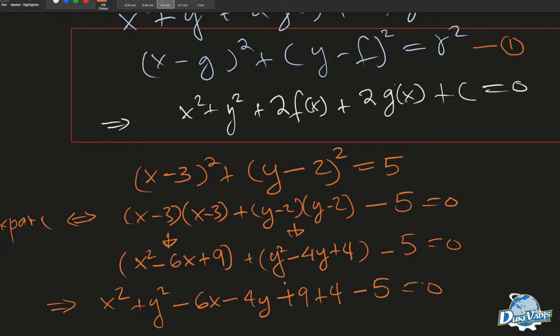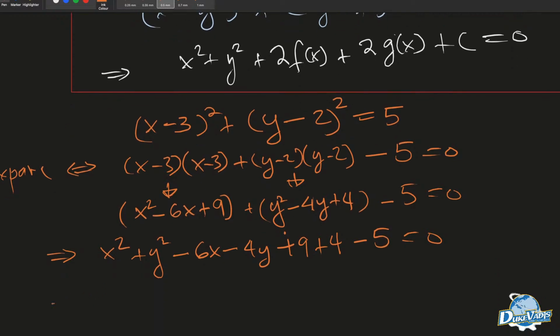Then we can confidently say that x squared plus y squared minus 6x minus 4y, plus 9 plus 4 minus 5, that will give us 8, is equal to 0.